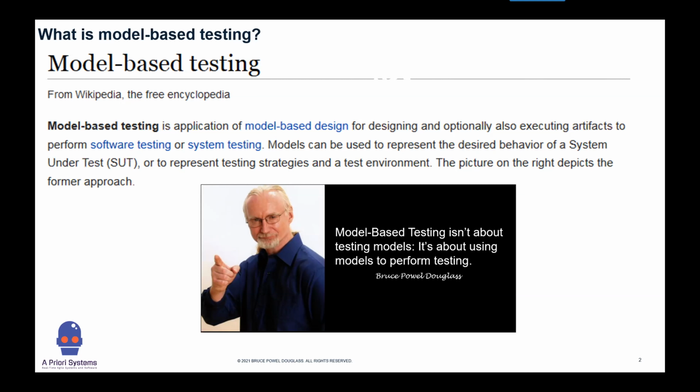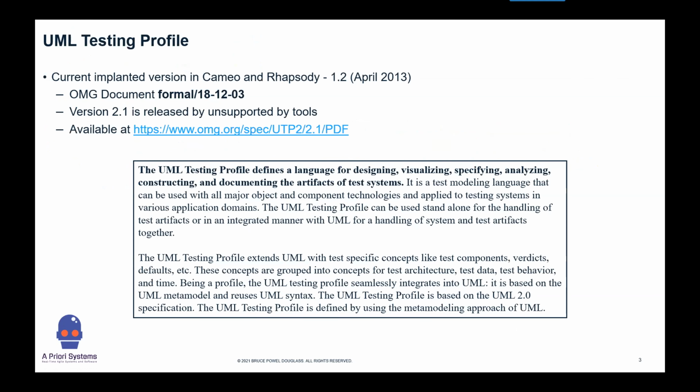So what I mean by model-based testing is using models to specify, implement, and apply testing to systems. Well, systems may be models, or they can be other things as well. There is a standard called UML Testing Profile, first released in 2013. Current version is 2.1, although I checked with Cameo, MagicDraw, and Rhapsody, and the current implemented version of the profiles in those tools is 1.2.